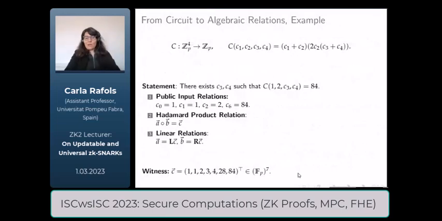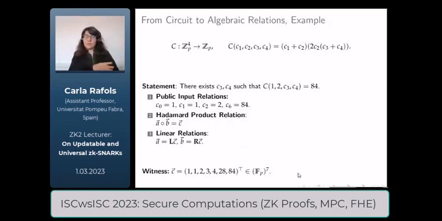For me in this talk, it's important all the time to understand the algebraic relations. I don't want to move directly from circuit to polynomials, because this algebraic interpretation will be important. So we have two steps.